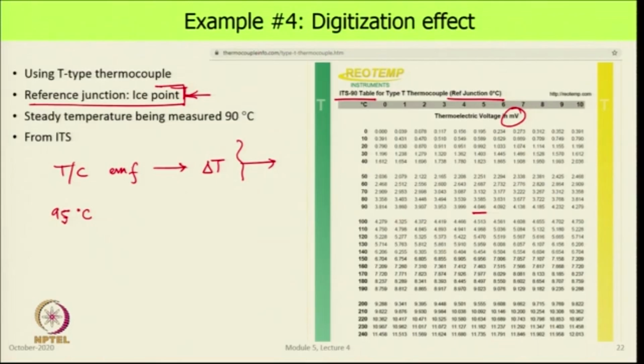But there is a problem. This is applicable for a thermocouple made according to those standards. And the standard includes specifications on the quality of wire, the quality of the bead, which is made by fusing, and many other things.